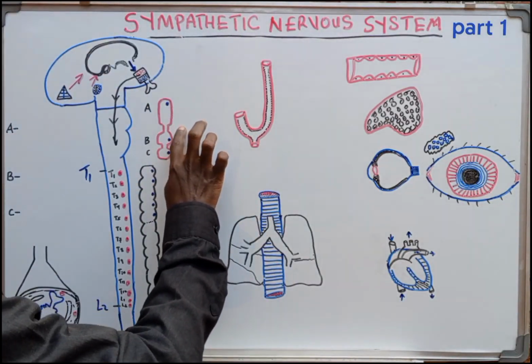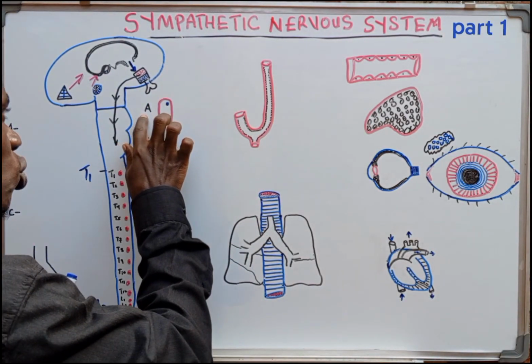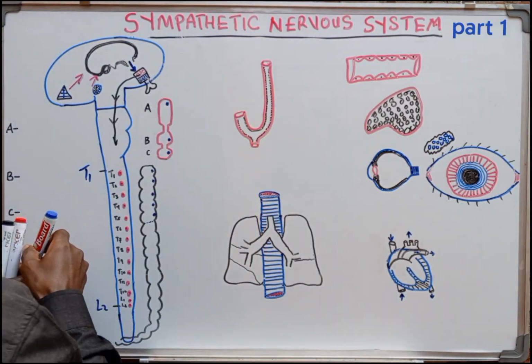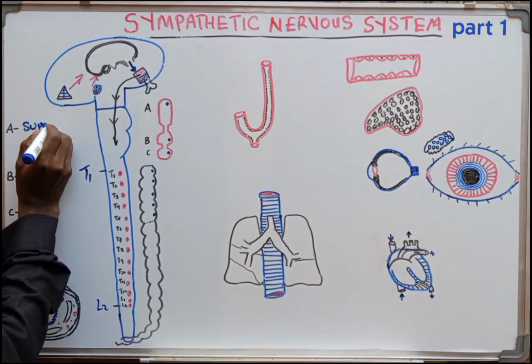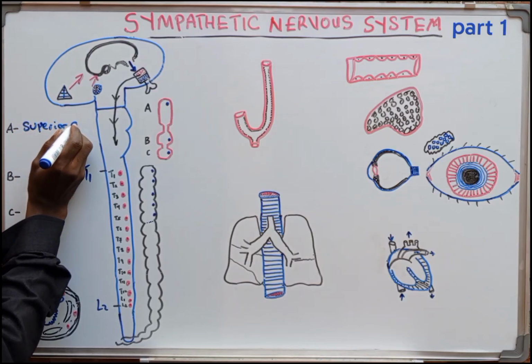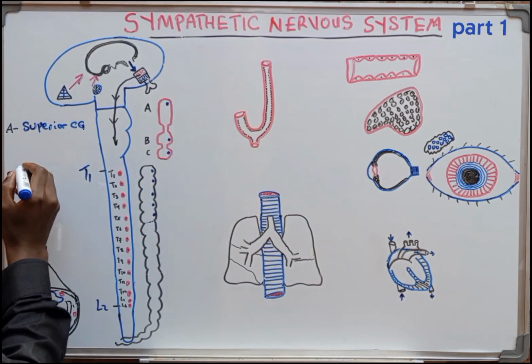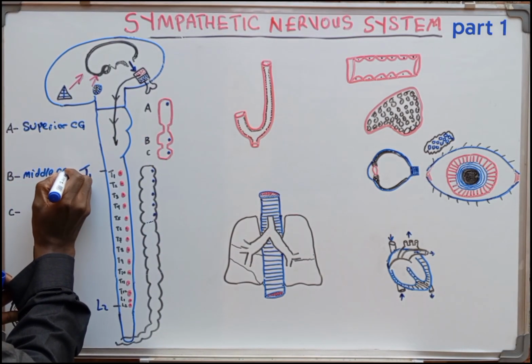So now these ganglia here are what we call the cervical ganglia, and this one on top, which is very, very big compared to the rest, is what we call the superior cervical ganglia. And then this one here, in the middle, is what we call the middle cervical ganglia.